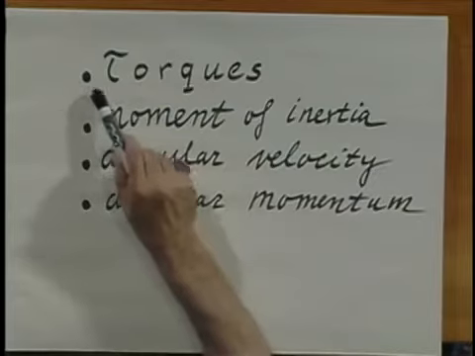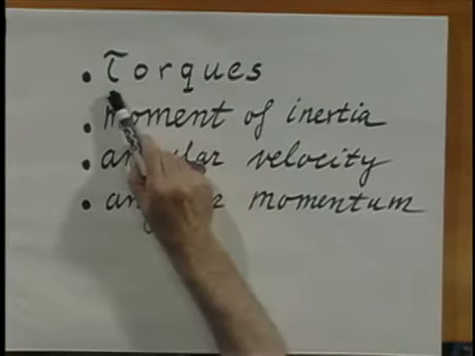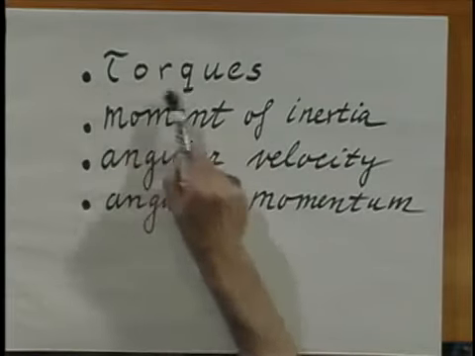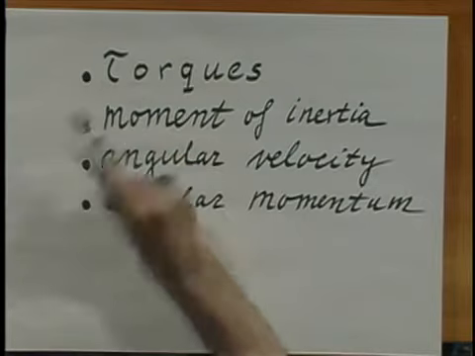Before you watch this presentation, you should have familiarized yourself with four concepts: torques, moment of inertia, angular velocity, and angular momentum. I wrote them down for you. Torques, notice I started the word with the Greek letter tau.